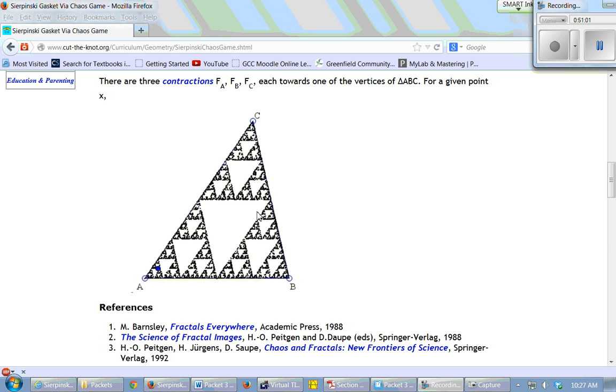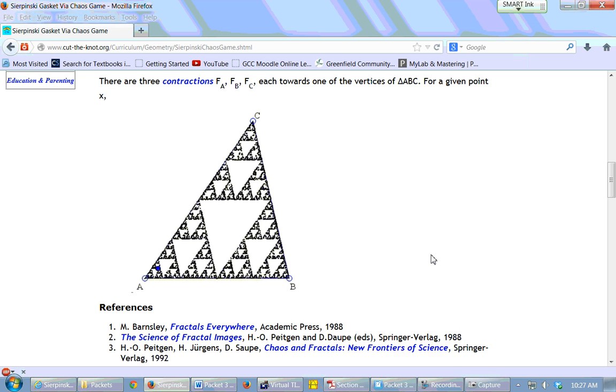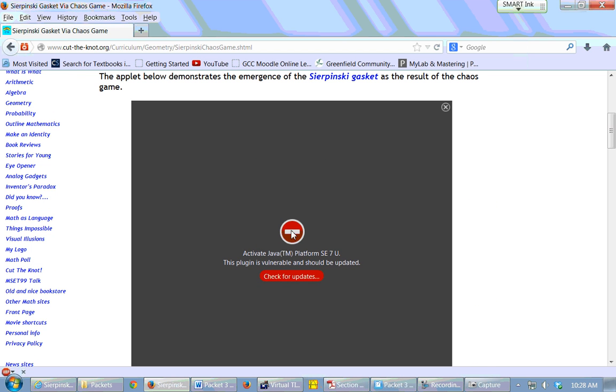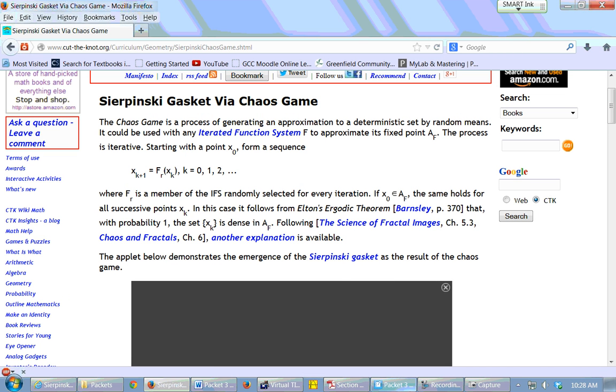You could start a new one and put it in the empty square, yeah. So it'd be like a tunnel. So this link is in your packet if you want to check out the little applet when you go home. That could be fun.